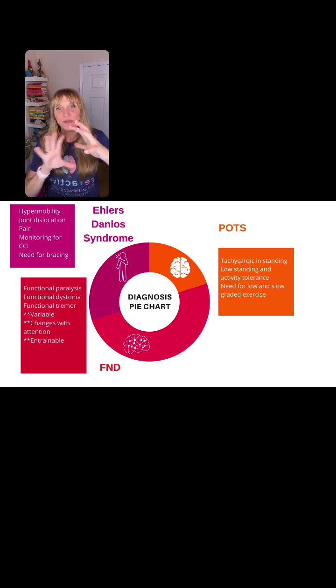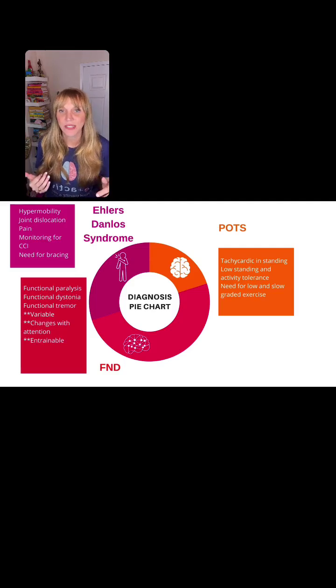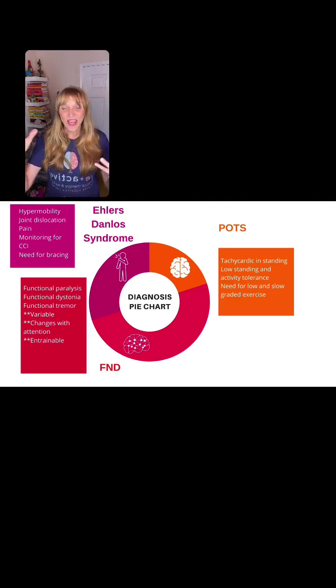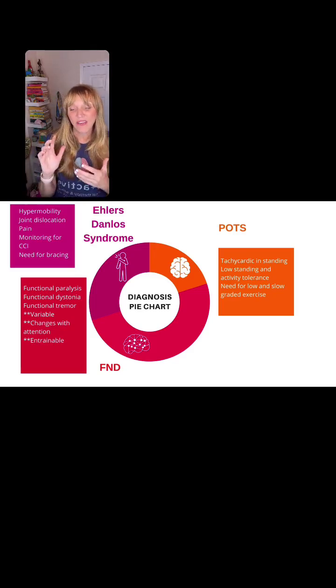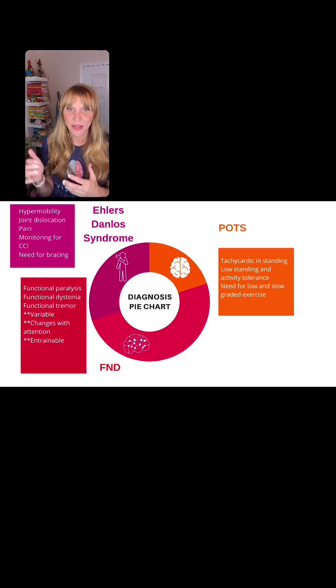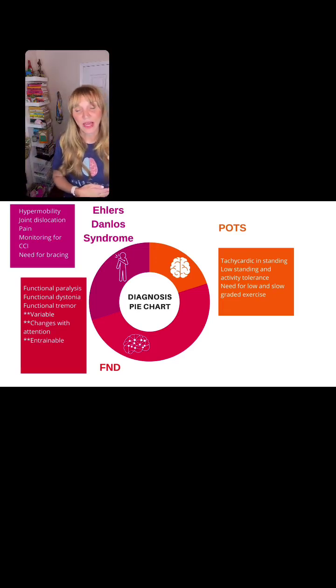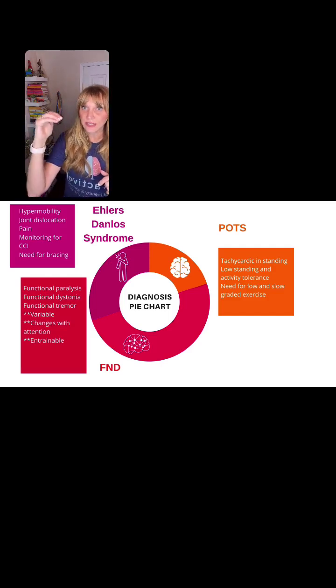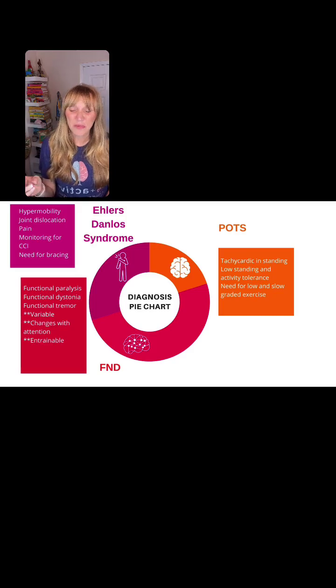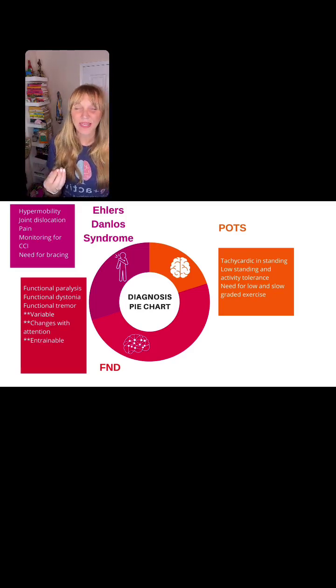And so what you see here is a particular person's case where we can go, okay, these particular symptoms you're having, this is your FND. These symptoms are your hypermobility, and these symptoms are your POTS. Now, your sensory system is affected by your hypermobility, meaning you're not getting great proprioceptive feedback from your body.